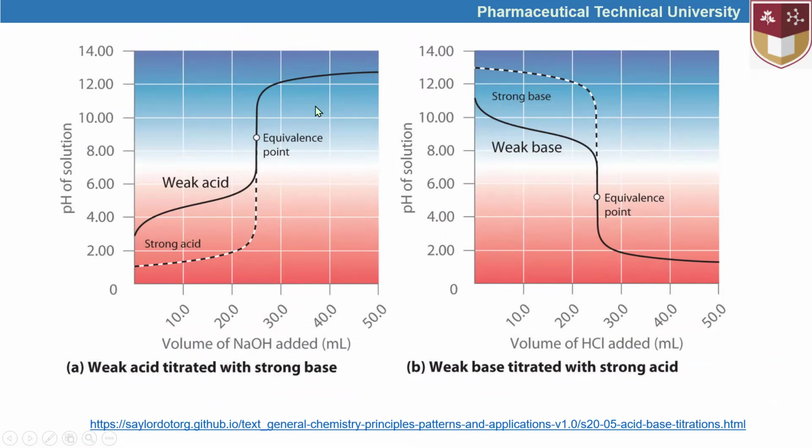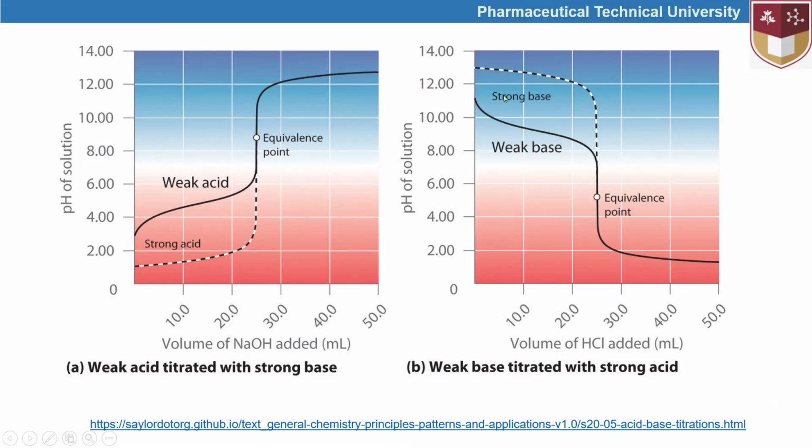And again, the differences between weak acid and strong acid titration by using any kind of base. Here, the example is a strong base. The difference is that until pH 7 we can observe a linear change for a weak acid, and until pH 3 a linear change for a strong acid, and then the jumping point of the pH value.